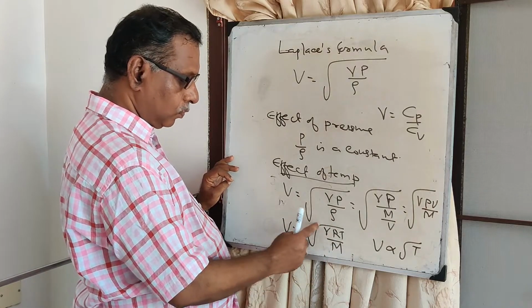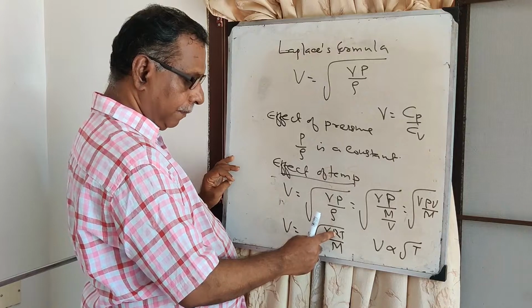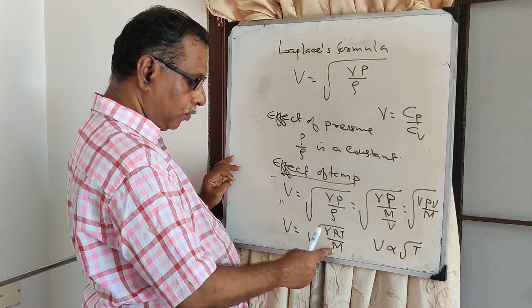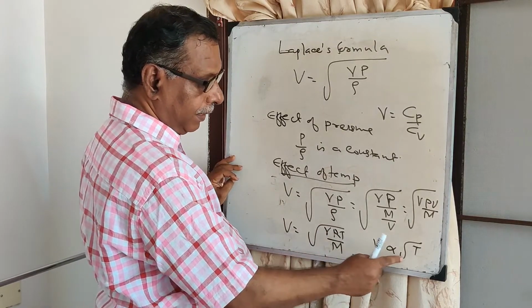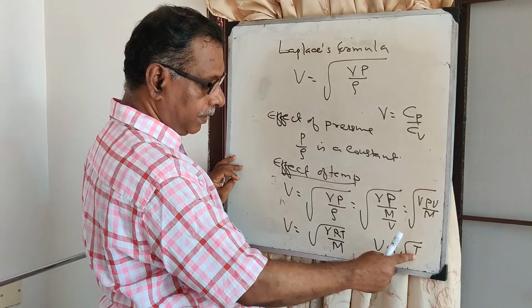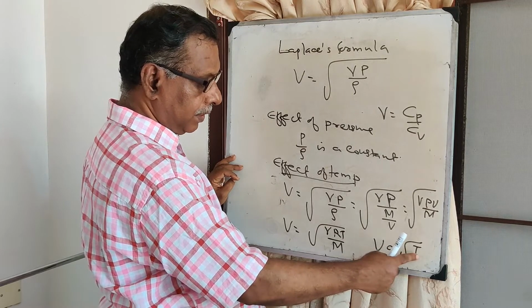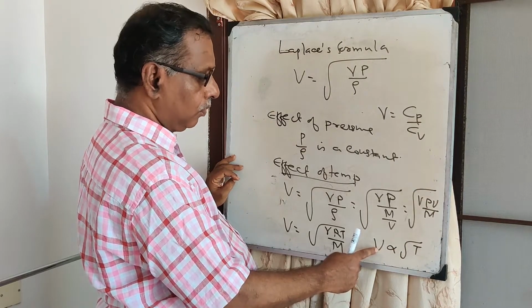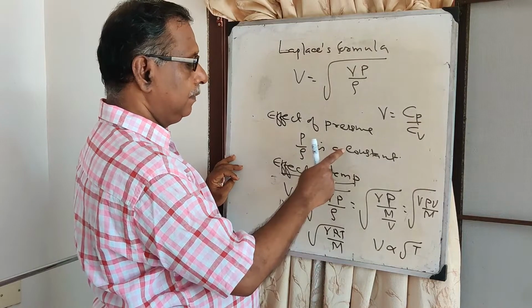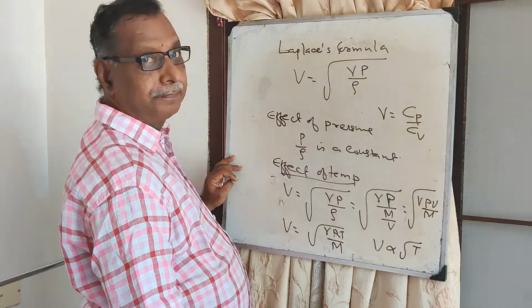Therefore, V equals root of gamma RT divided by M. When we use capital R, M is actually the molecular mass. Therefore, V is directly proportional to root T. That is, as temperature increases, velocity of sound also increases. But there is no change of velocity with pressure.